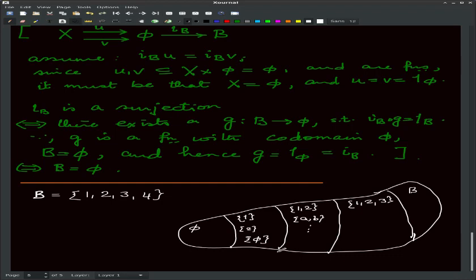When I say cardinality 3, it represents a set with 3 elements. So cardinality itself is an equivalence class. Okay? In this way. Right? Clear?